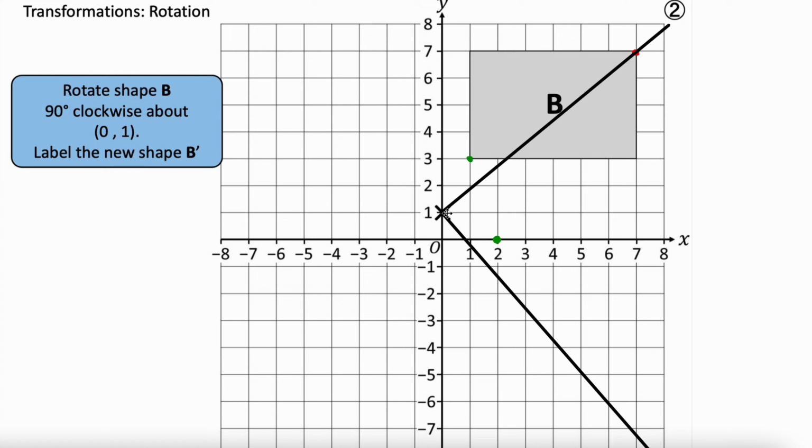So we know that the image has to be exactly the same length as the original red vertex. So it's going to be 7 horizontally and 6 vertically, but in the other direction. 1, 2, 3, 4, 5, 6.